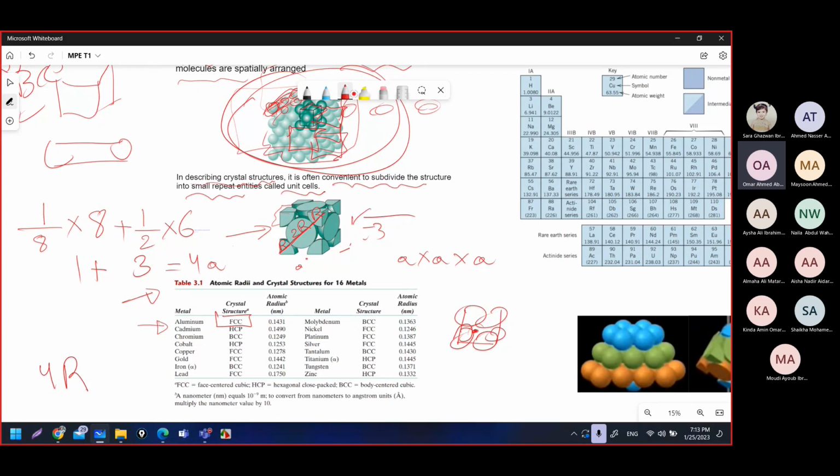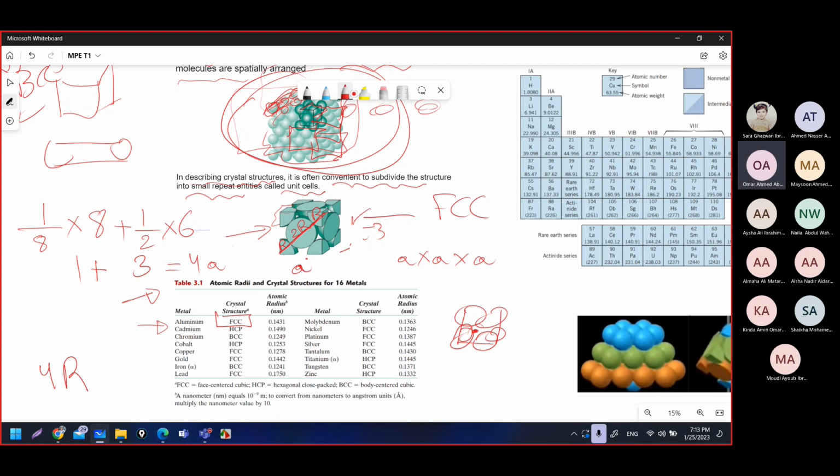I want to make a relation between this line, the most dense line, the line that has no void in the FCC structure, between r and a.